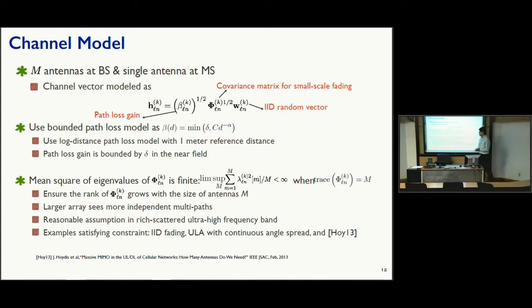We think this is a reasonable assumption for the sub-6 GHz or ultra-high frequency channel. And also this constraint is satisfied by many common models, like the i.i.d. fading model, or if we consider a uniform linear array, where the angular spread is a continuous range in the angular space.